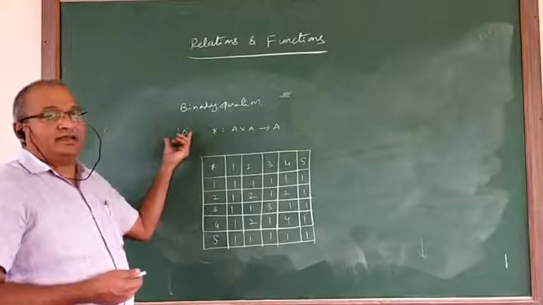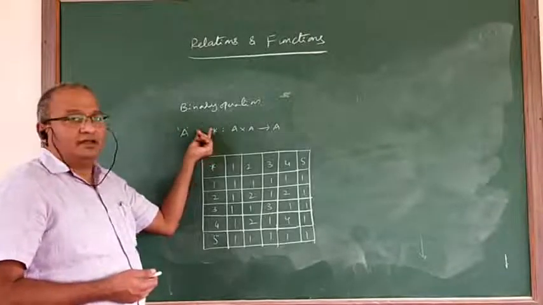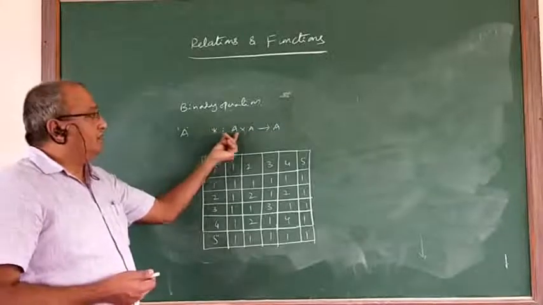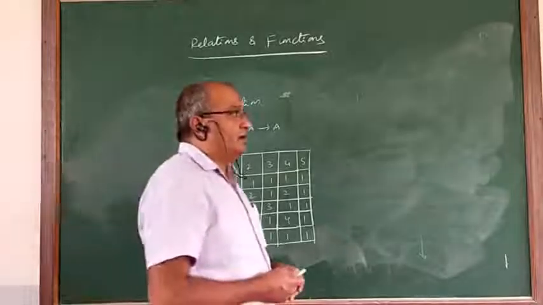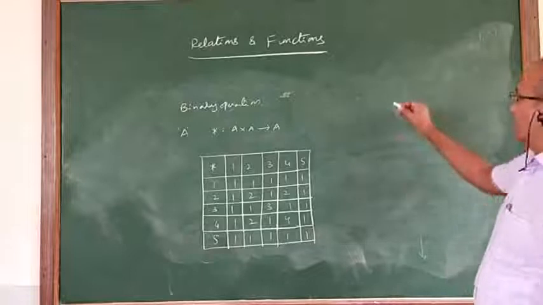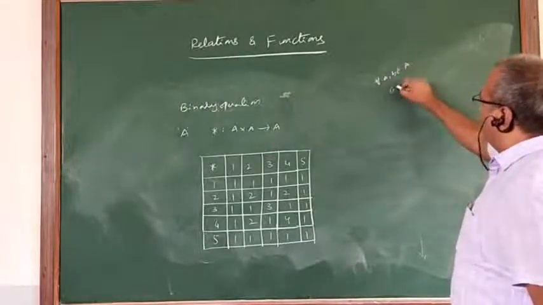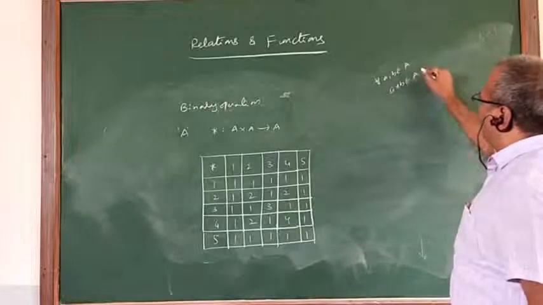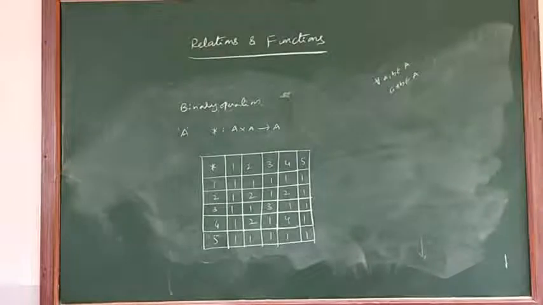Suppose A is a set, then star is a binary operation. It is a function from A cross A to A. Now binary operation is almost like the closure property only. What is the closure property? For all a, b belongs to A, a star b belongs to A, then star is said to be following the closure axiom.